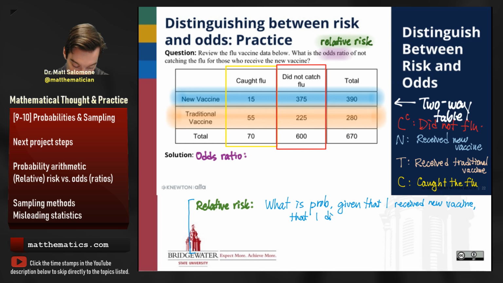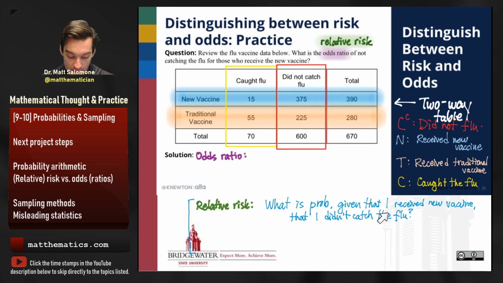You can kind of think of this as the immunity rate. How effective was this vaccine in preventing the flu in the people that received this new vaccine? So that's the first thing I want to know.